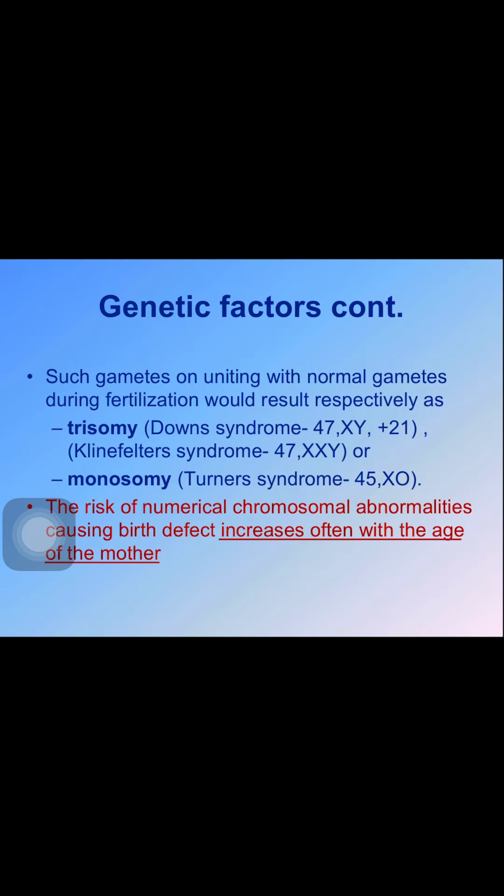The risk of numerical chromosomal abnormalities causing birth defects increases with the age of the mother. So the babies born to mothers at a later age, say at the age of 35 or 36 or 40, are more likely to have abnormal chromosomes and therefore abnormal births.